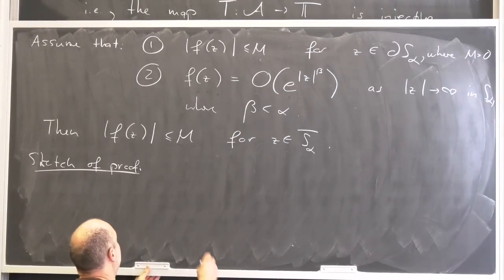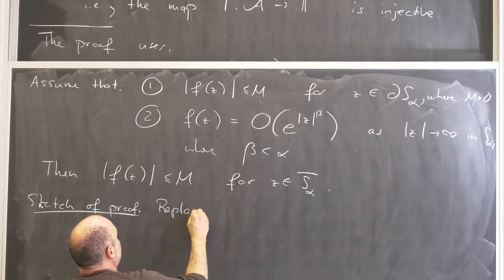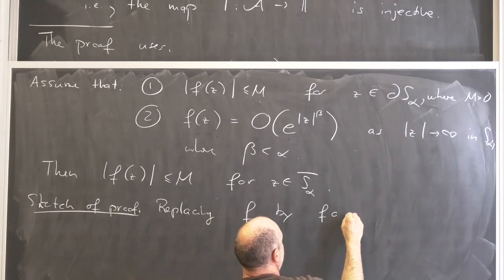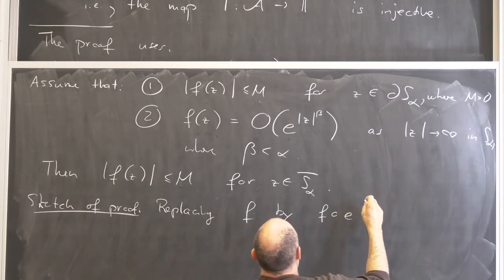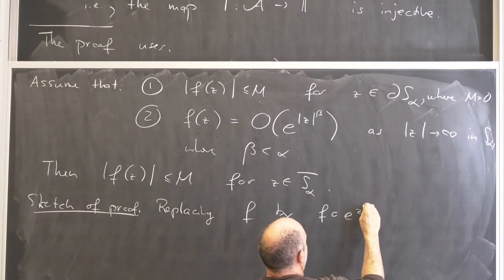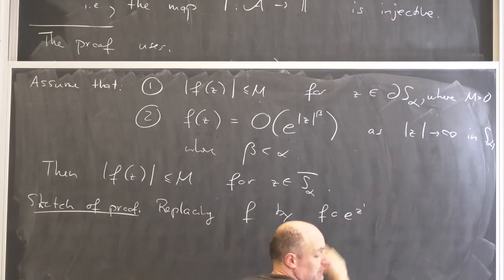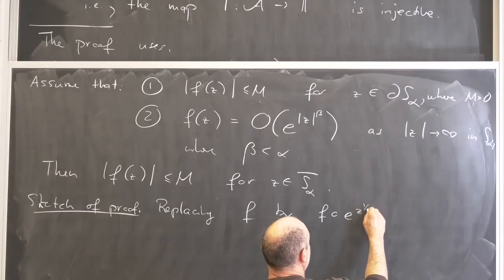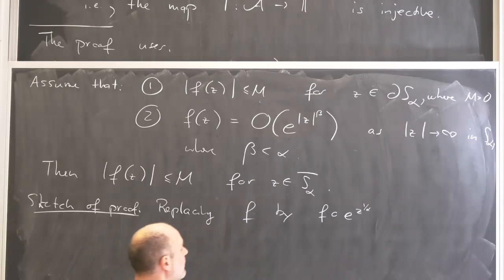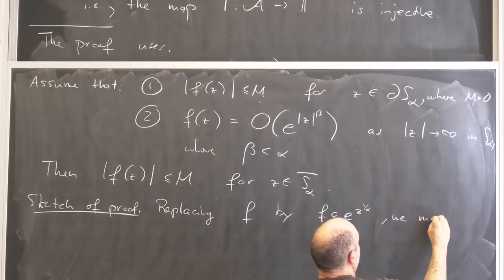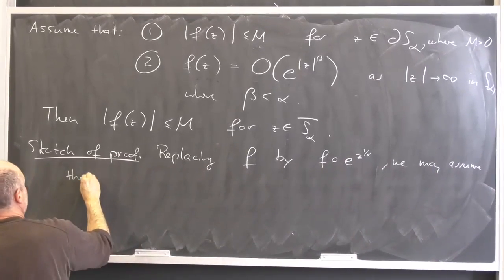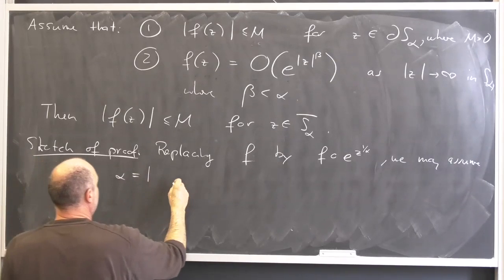Because if I replace f by f composed with z to the 1 over alpha, then alpha is equal to 1.